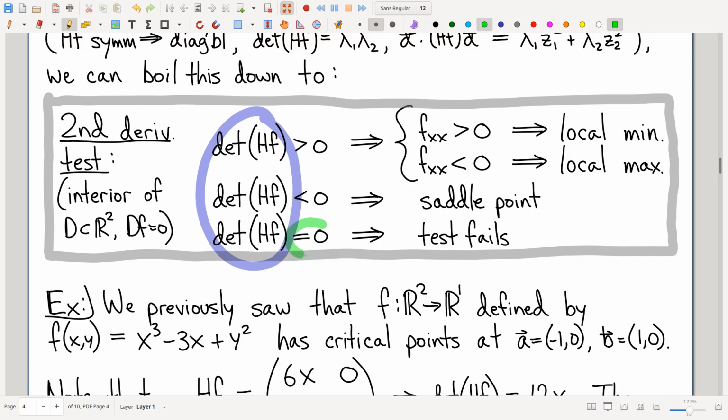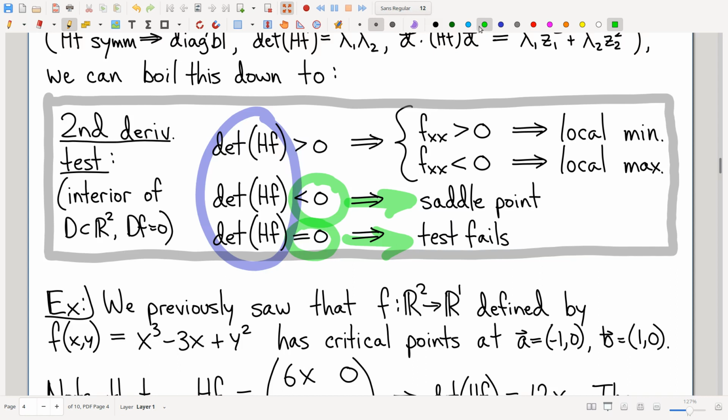What you're hoping doesn't happen is that it equals 0, because if that's the case, then the test fails and you lose and you know nothing. That's unfortunate. There's another possibility. It could be that it's negative, in which case you have a saddle point, which I think is a pretty nice conclusion. This is arguably the easiest way to get an actual conclusion. If that determinant ends up being negative, you have a saddle point. End of story.